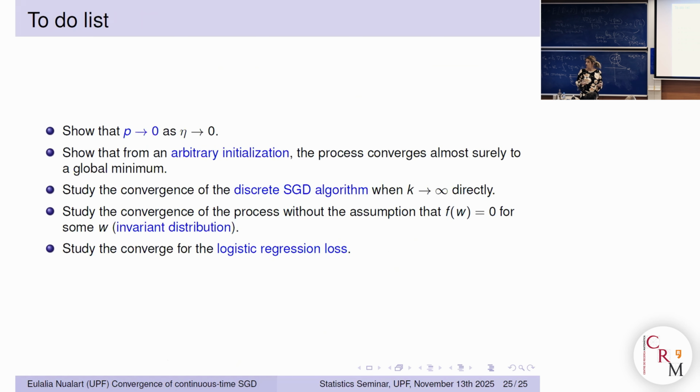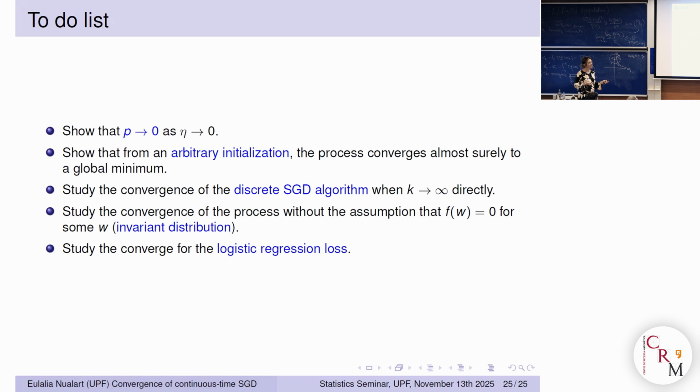And just to finish, I close with some open questions that I already mentioned during the talk, just to summarize. So we think it will be important to show that eta converges to 0. So far, it's not clear how to prove it, because the proof, as you can see, really doesn't show that.